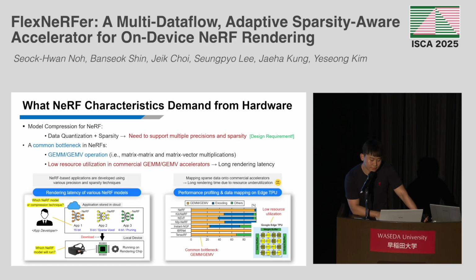To design an efficient NeRF accelerator, we first need to understand how NeRF behaves in real VR and AR use cases. Let's assume a scenario where a NeRF-based application is running directly on a VR or AR device. In many cases, the app is downloaded from the cloud and runs locally on the device.